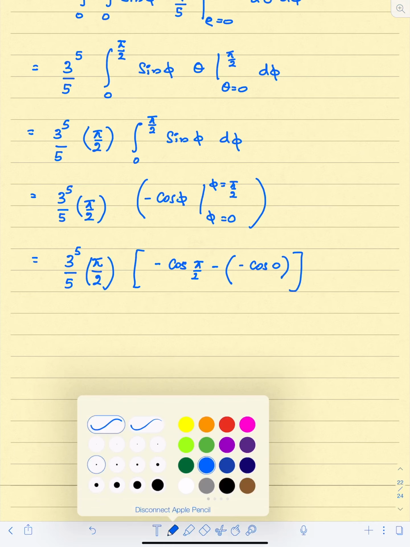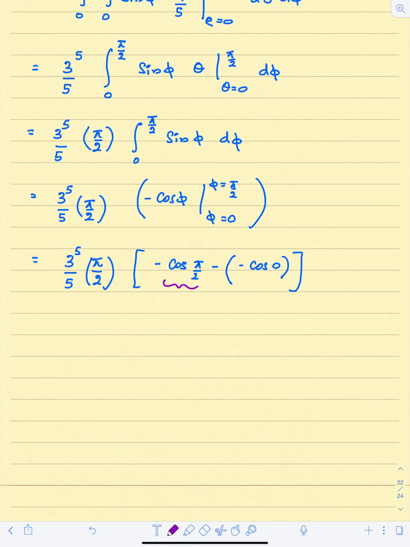Cosine pi over 2 equals 0, so this part is 0, but cosine 0 is 1, so basically inside this parenthesis you have negative 1. Negative 1 times this negative becomes positive, so you have positive 1. Positive 1 times this entire constant gives you the same constant. Therefore the answer is 3 to the power 5 over 5 times pi over 2.